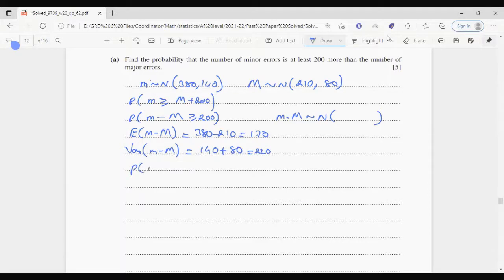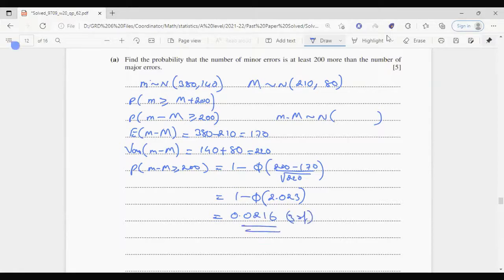Coming to the probability, greater than or equal to 200 is 1 minus phi of (200 minus 170) over the root of the variance. This gives 1 minus phi of 2.023, which is approximately 0.0216, rounded to 3 SF. So that's the probability.